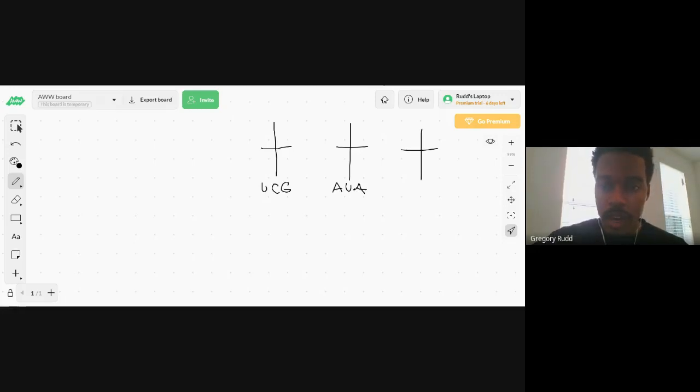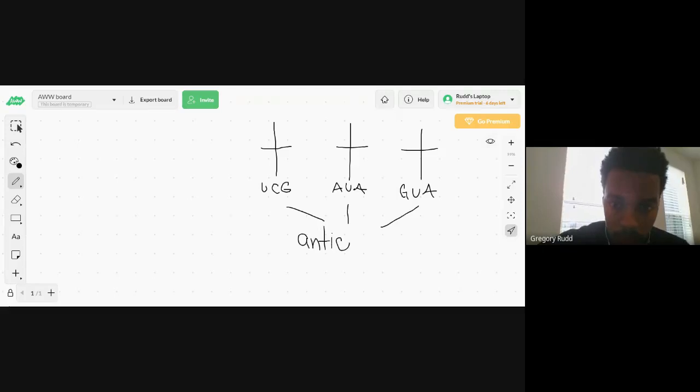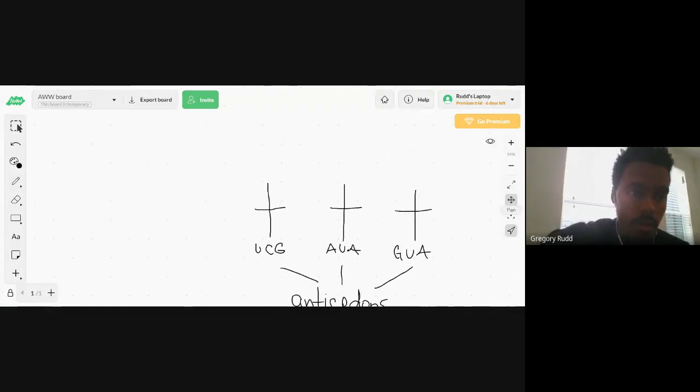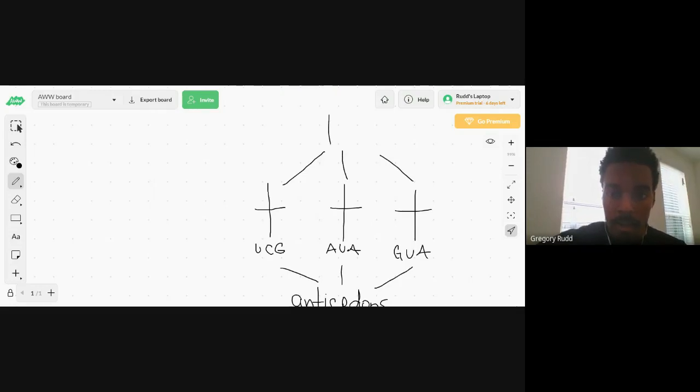And I've got another tRNA, and it has the anticodon GUA. So these are all anticodons. These are tRNA molecules.